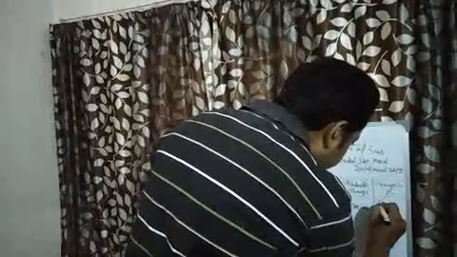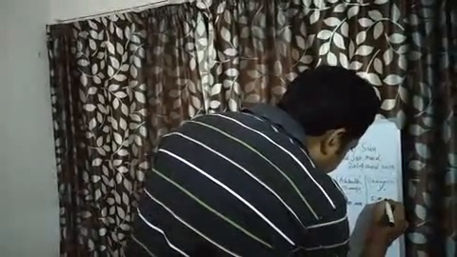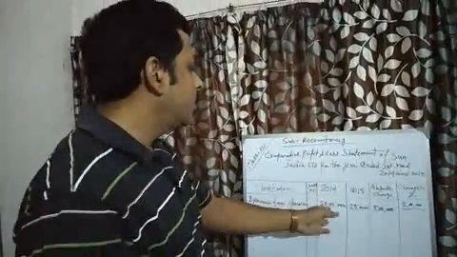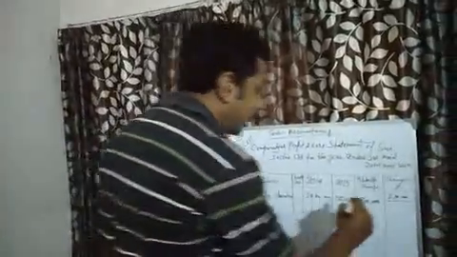It is 5 lakh divided by the base year figure, which means last year's figure, 20 lakh, into 100. And that comes to 25%.